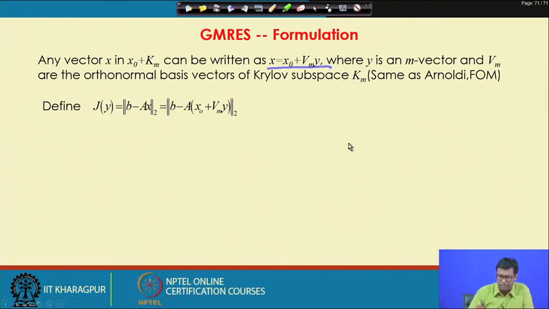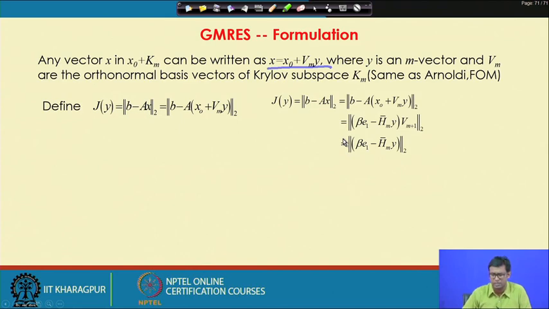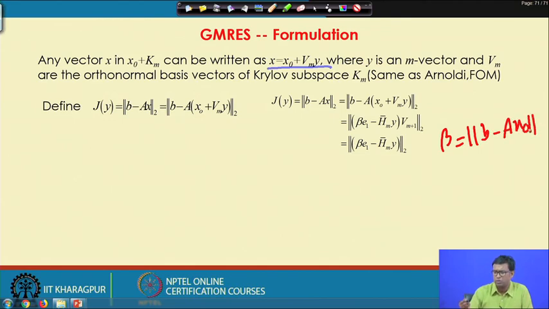With little further analysis, we have seen in the last session that this L2 norm is the same as the L2 norm of beta e 1 minus H m bar y, where H m bar is the Hessenberg matrix that we obtained from Arnoldi's modified Gram-Schmidt method, and beta is the magnitude of the initial residual. So, we can also write that beta is equal to the second norm of b minus A x 0. So, beta e 1 minus H m bar y.